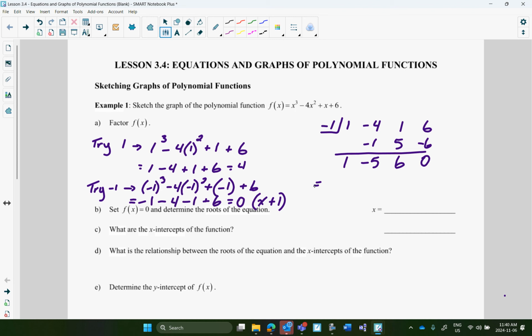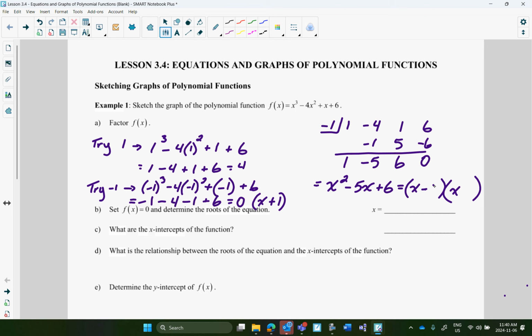So what does this become? x squared minus 5x plus 6, which now I can factor, because I know how to factor these ones. Should be pretty automatic for you guys.